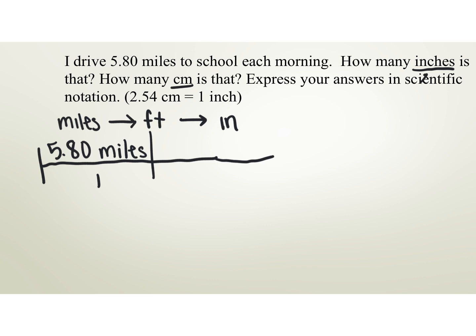Okay, what unit has to go on the bottom? Okay, miles. Okay, so for every 1 mile, how many feet are there? Okay, 5280. So miles cancel, we're in feet.